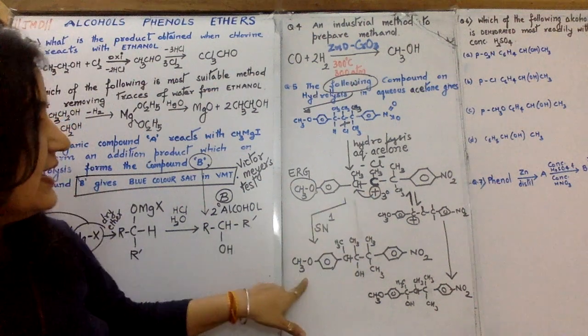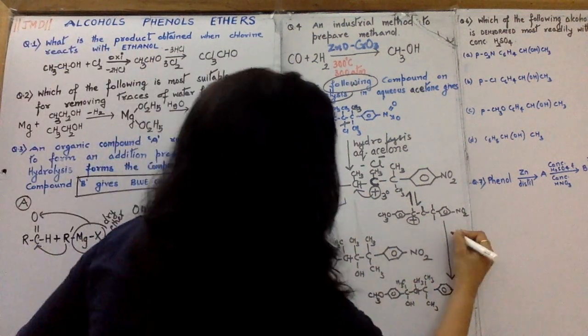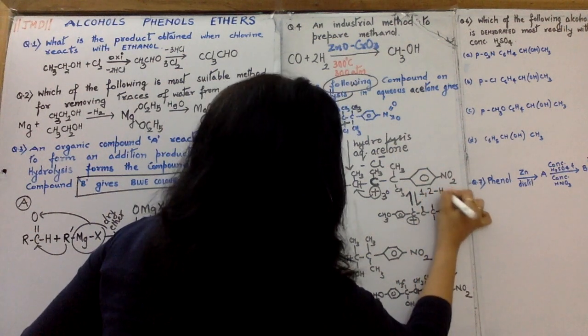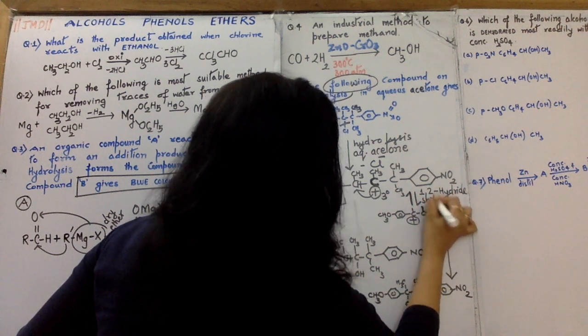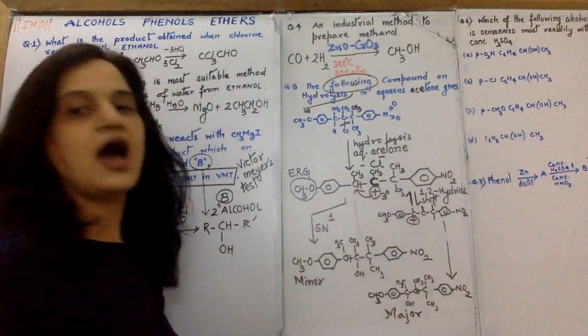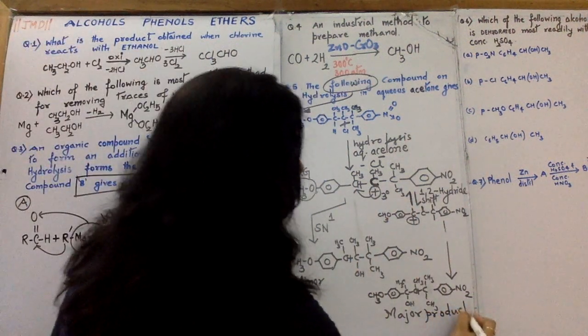One product directly, which is a minor product, and another product which is because of 1,2 hydride shift, and that is the major product.